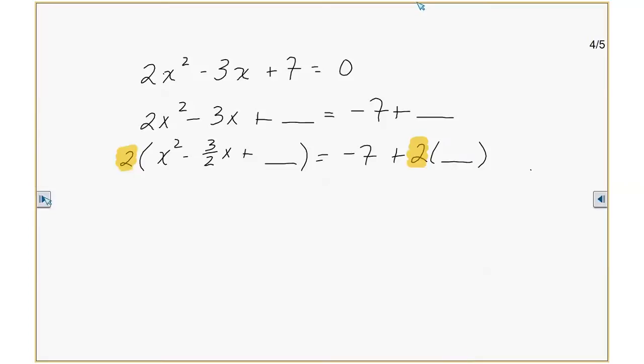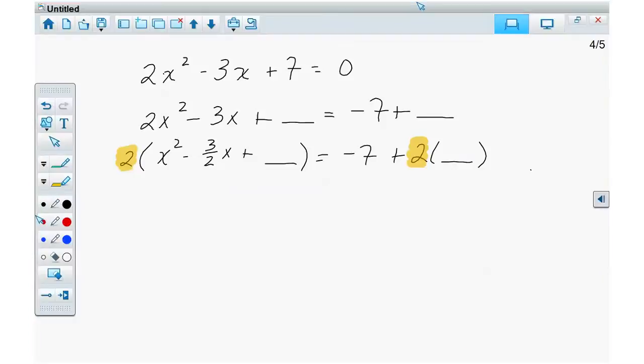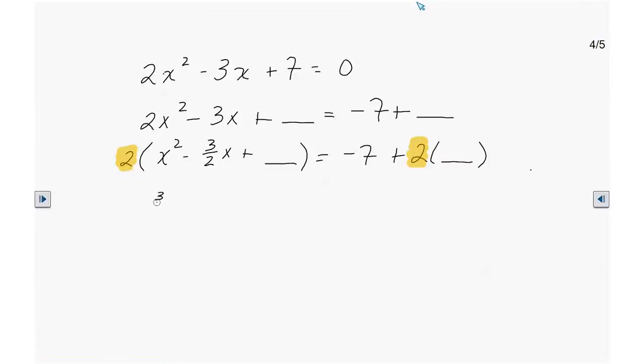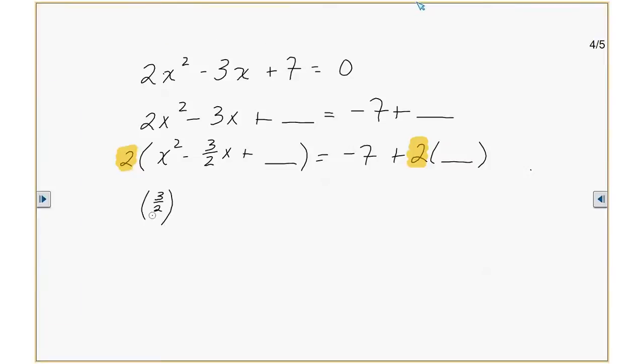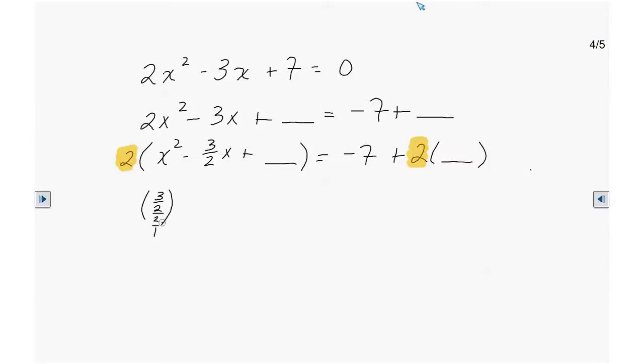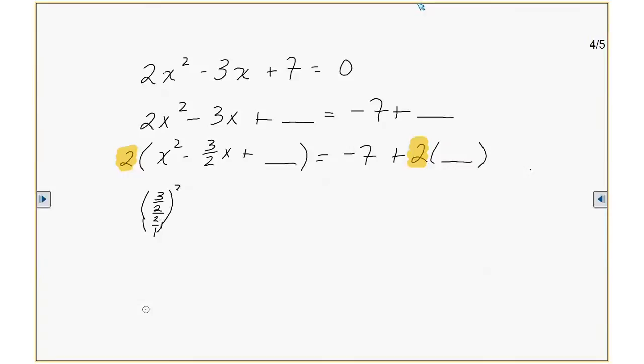Now we do completing the square. So we take 3/2, divide by 2, and multiply by itself.